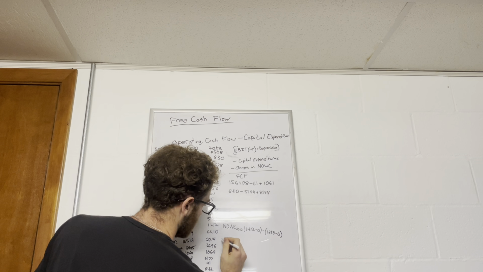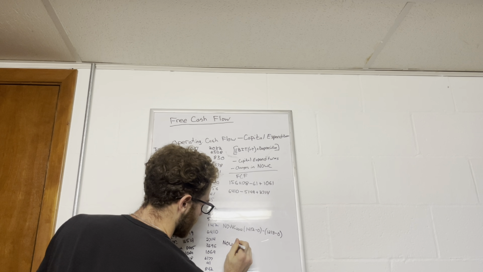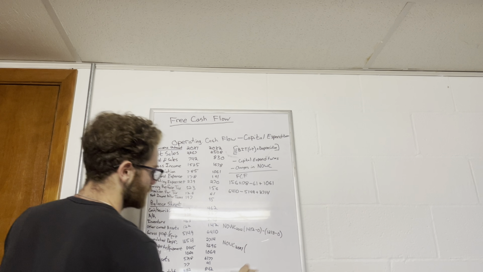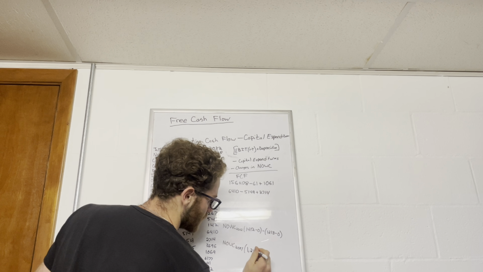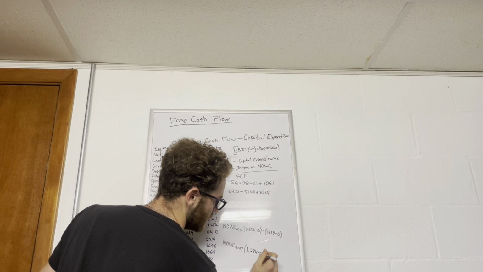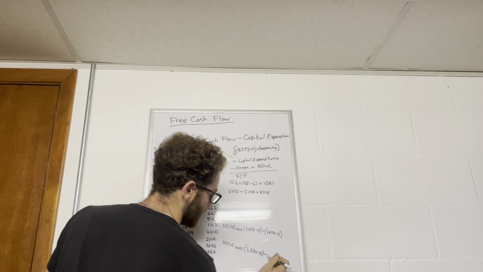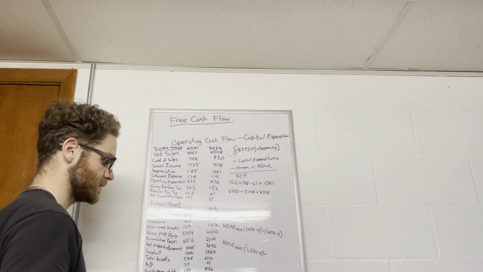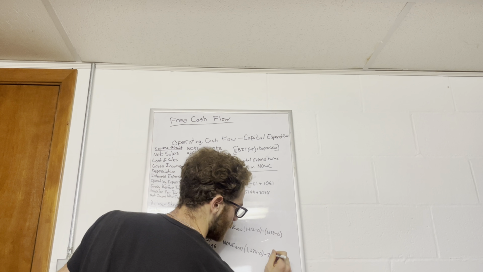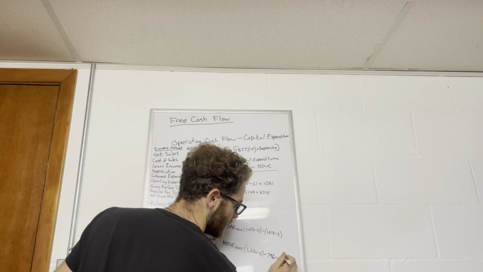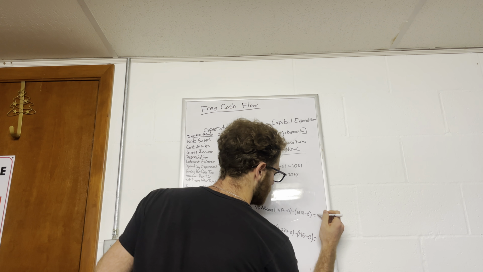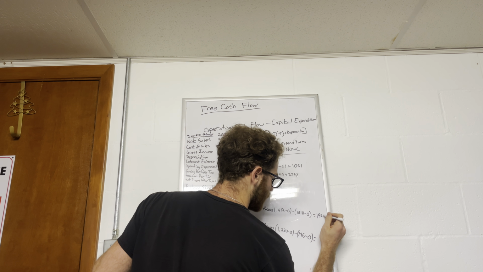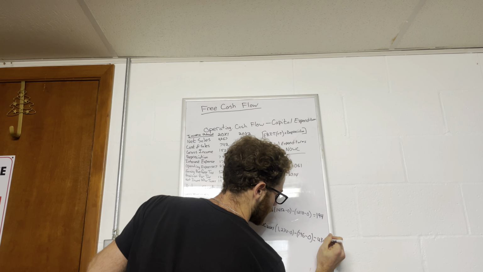And then net operating working capital for 20x1 would be, once again, the current assets for that year, which is $1,234, minus no extra cash, minus current liabilities of $796, minus 0 notes payable. This brings us to $194 and $438.